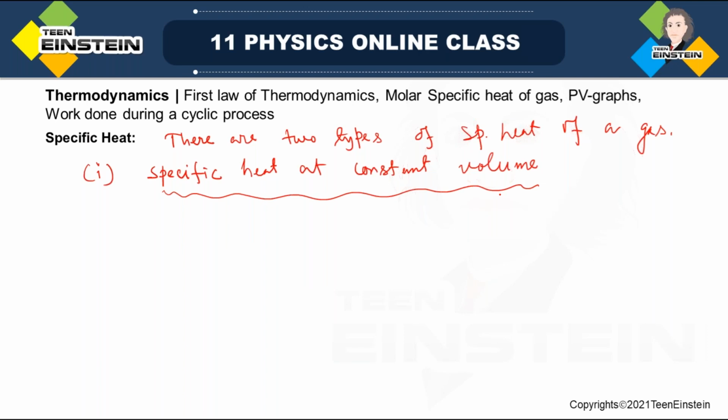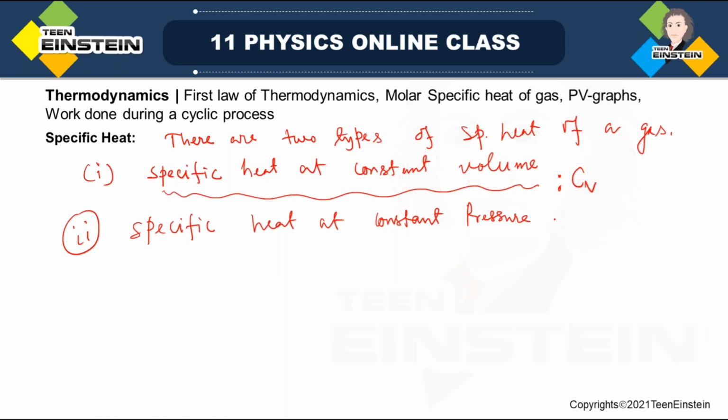When a gas is heated at constant volume, it is called specific heat at constant volume, and it is denoted by CV. The other one is specific heat at constant pressure, which is denoted by CP.